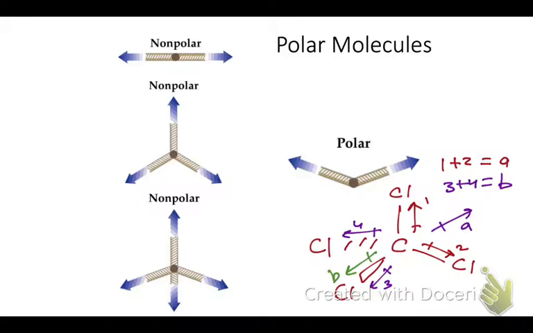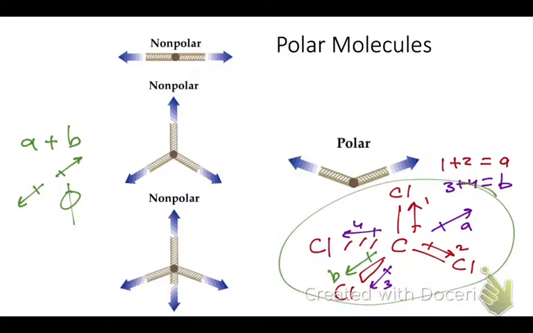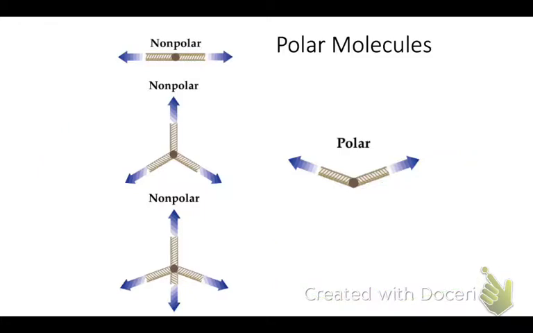Now look at A plus B in this case, it looks like this. I'm adding this one to this one. Equal in magnitude, opposite in direction, 0 net dipole. This molecule is non-polar, again because all the atoms are the same, so the same bonds.